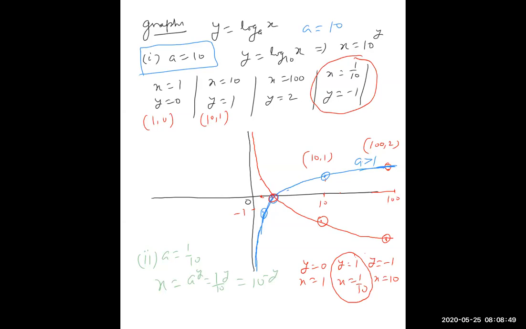When base A is between 0 and 1, see, these points are 1, 0. This point is 10, 0. This is 100.